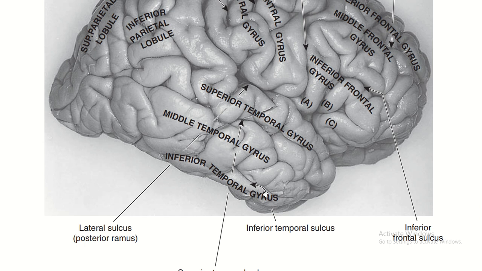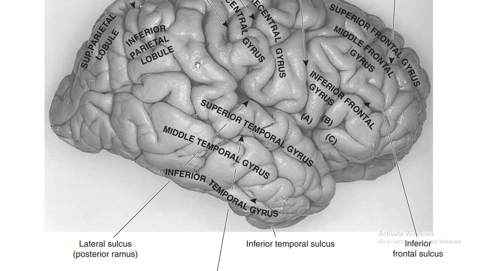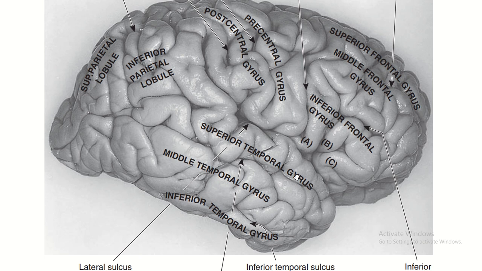What I want you to understand is this: the superior temporal gyrus is continuous with a portion in the parietal lobe. That is called an angular gyrus.